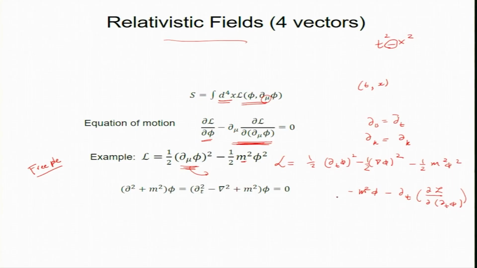So, the second term will be, let me write this term, partial t. This is basically this term's derivative, so half and 2 will cancel. So, dt d phi. This is the double derivative in time.